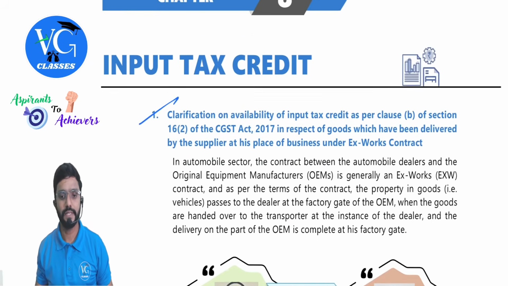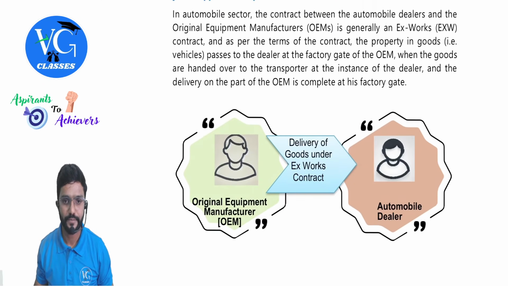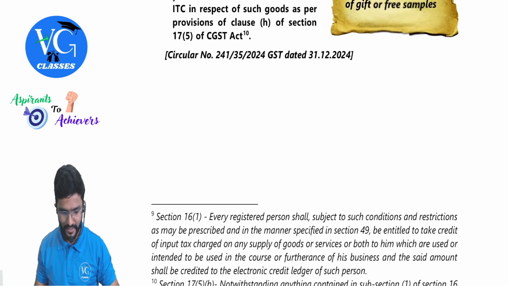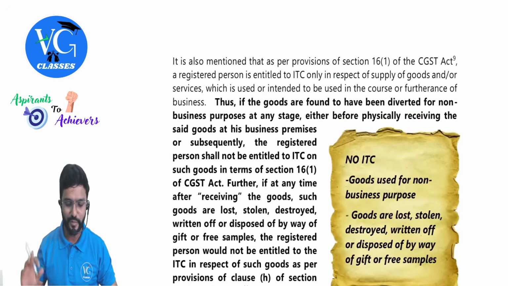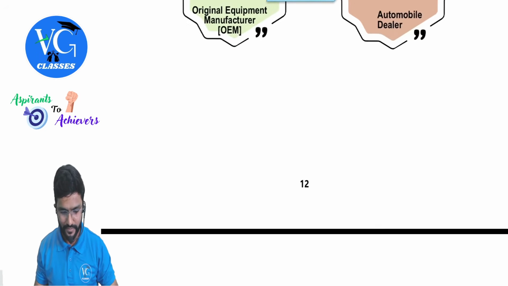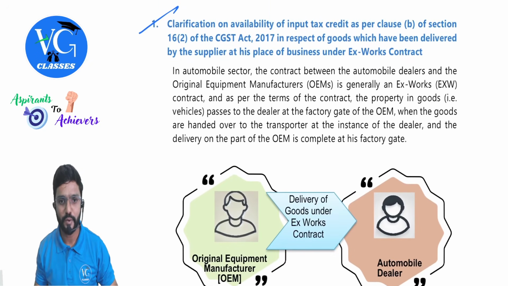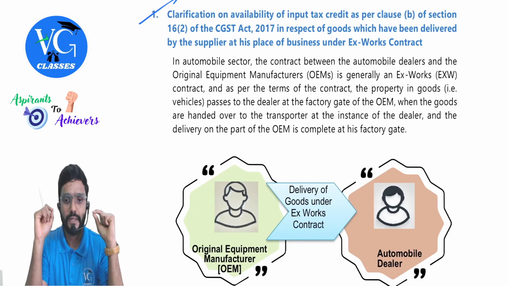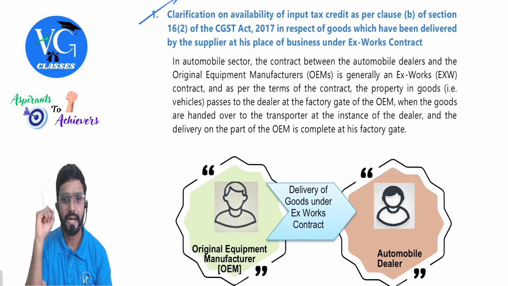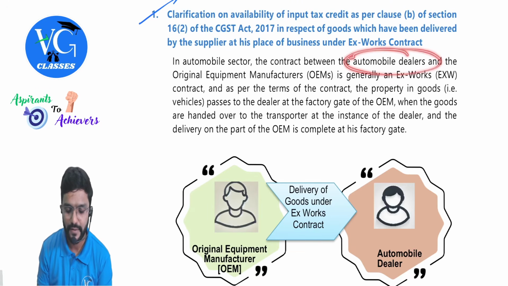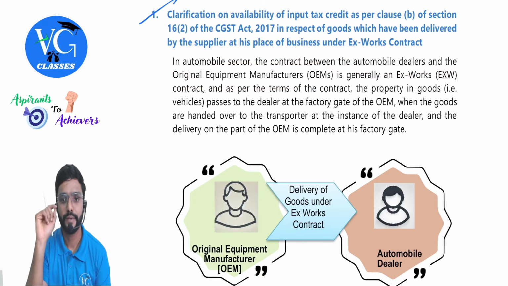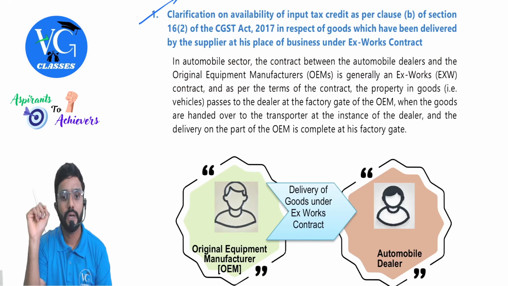Okay, sir. Fine. We will see what is the clarification quickly. So much explanation is given, number of pages. Anyway, the last paragraph would be the conclusion, but still we will go through the story because that is when you will understand the concept properly, guys. In the automobile sector, the contract between the automobile dealers and the original equipment manufacturers, the dealers would be the recipient, whereas the OEM would be the supplier, is generally an ex works contract.